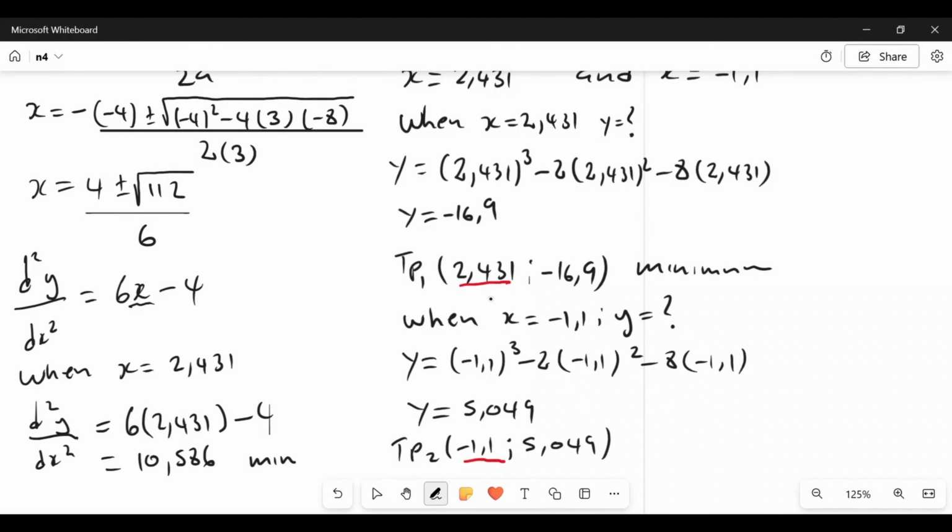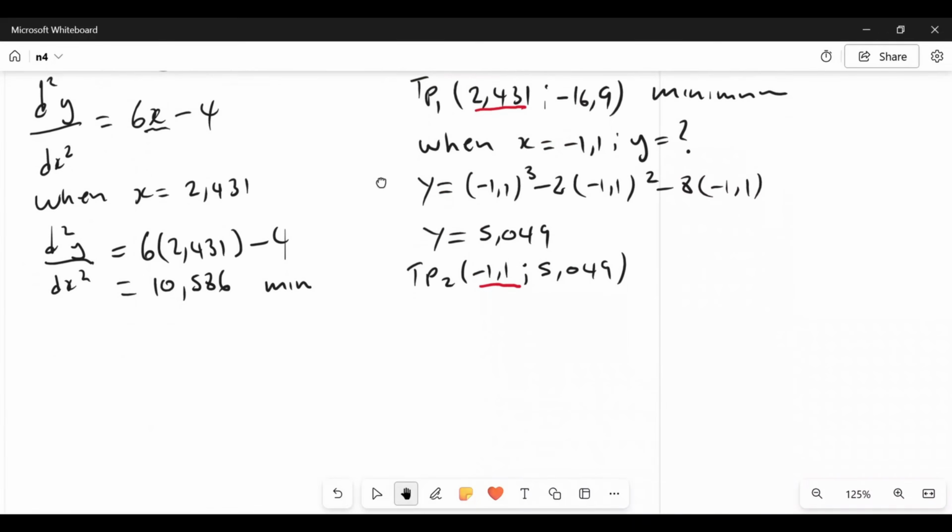Now it's time for us to find the maximum turning point. We're going to do the same thing that we did here. We're going to substitute the x value into our second derivative. So d squared y over dx squared when x is equal to negative 1.1.